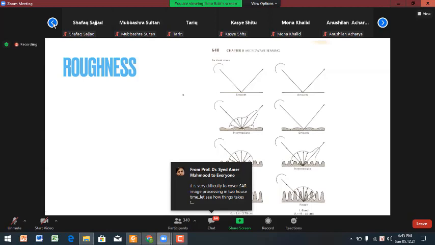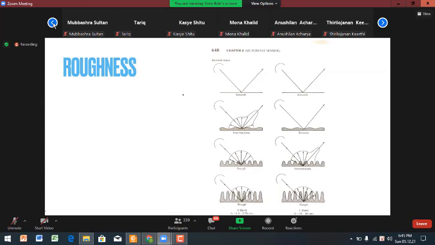If you have a very short wavelength like X-band on the left side, then something becomes rough with respect to the wavelength much sooner than when you have a 20 centimeter L-band wavelength. So the smoothness and roughness of the surface has to be seen in relation to the wavelength.